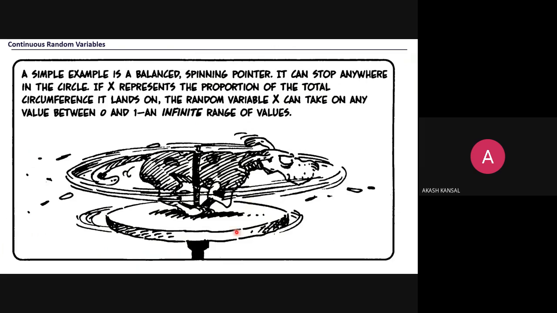You don't have any defined point, and you are defining the random variable x as the proportion of the total circumference it lands on. Let's say it lands here, right? So it will touch the circumference at only one point.